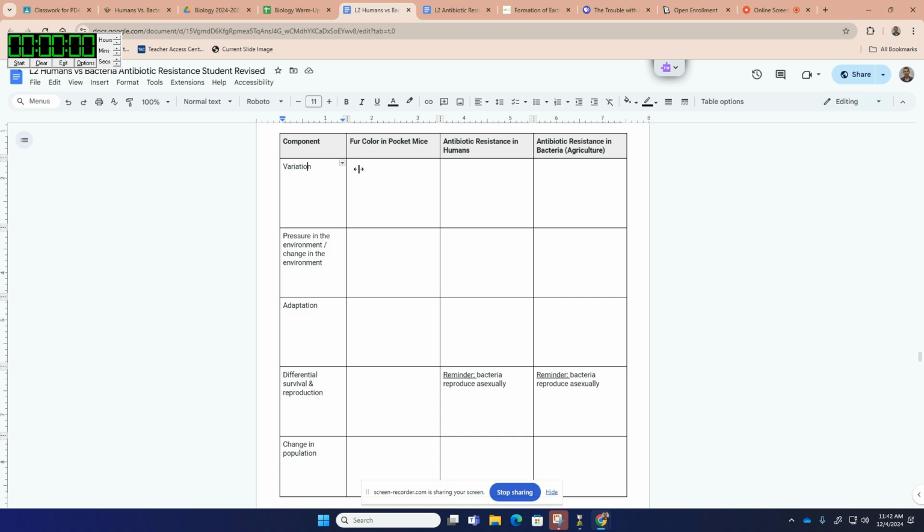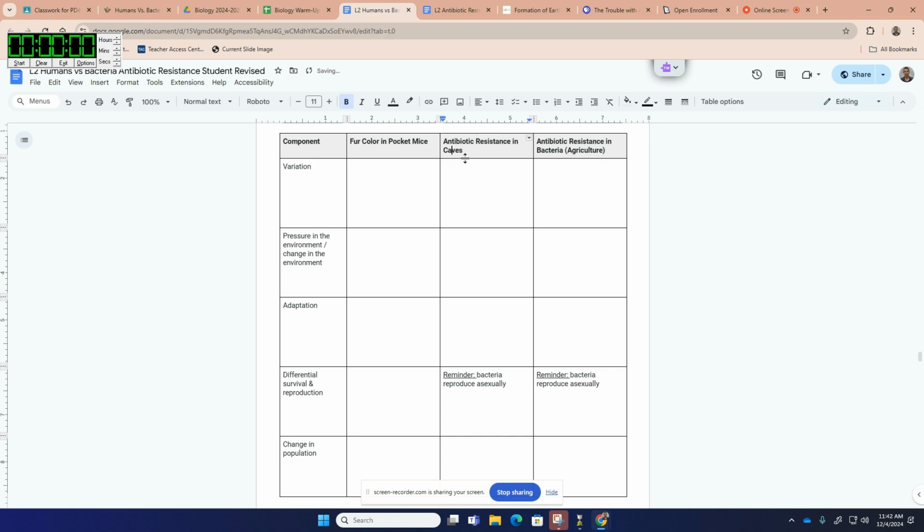So let's start with variation. In our mice, the variation was light and dark fur. In terms of, actually, I think this one was in caves in most of your packets. I'm going to change that.